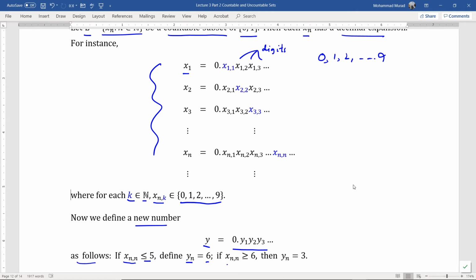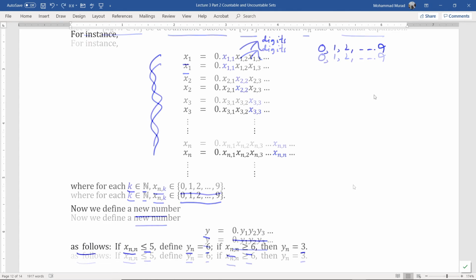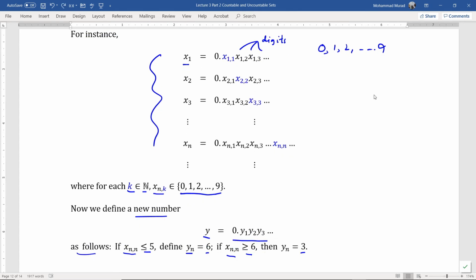Or if x_{n,n} is greater or equal to 6, then y_n should be 3. For example, if this digit here, x_{1,1}, is smaller or equal to 5, for example x_{1,1} equals 4, then y_1 would be 6.